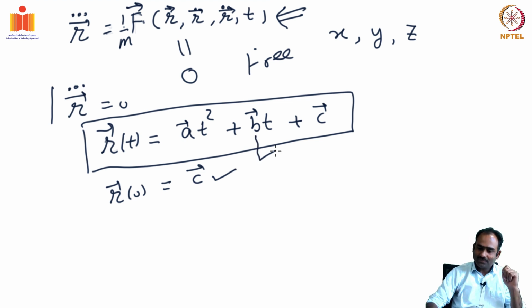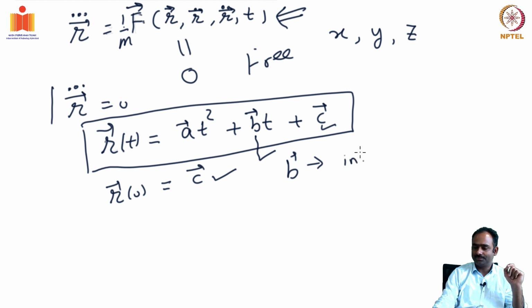Similarly, the B you will be able to fix by telling what the velocity was at time t equal to 0. You take one derivative, this C will be gone, this will leave only B behind, and this will involve t, put t equal to 0, this term is also gone, so you have only B left. So you will be able to fix B by initial velocity.